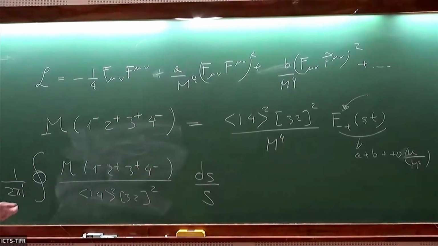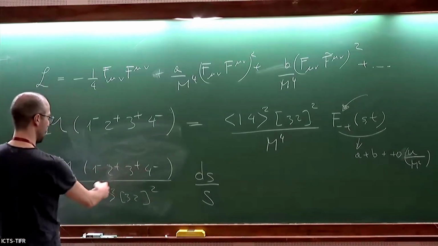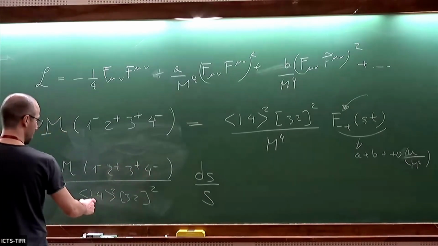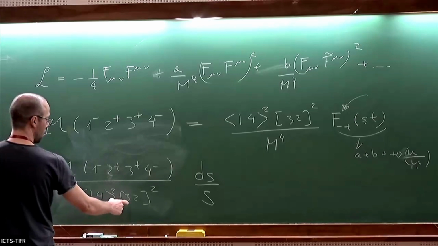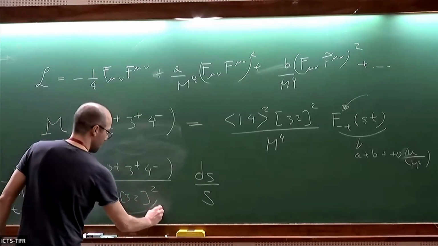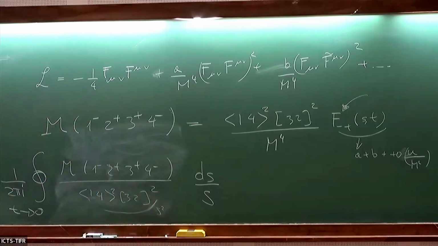For example, in the forward limit, if you take t going to 0, in this language it means 1 going to 3, and 2 going to 4. So now you get angle bracket 1 2 squared. So this is going to be s squared here, right? So this would be the second arc. This is arc 2, basically. For this, it now depends on the helicity configuration, minus plus minus.